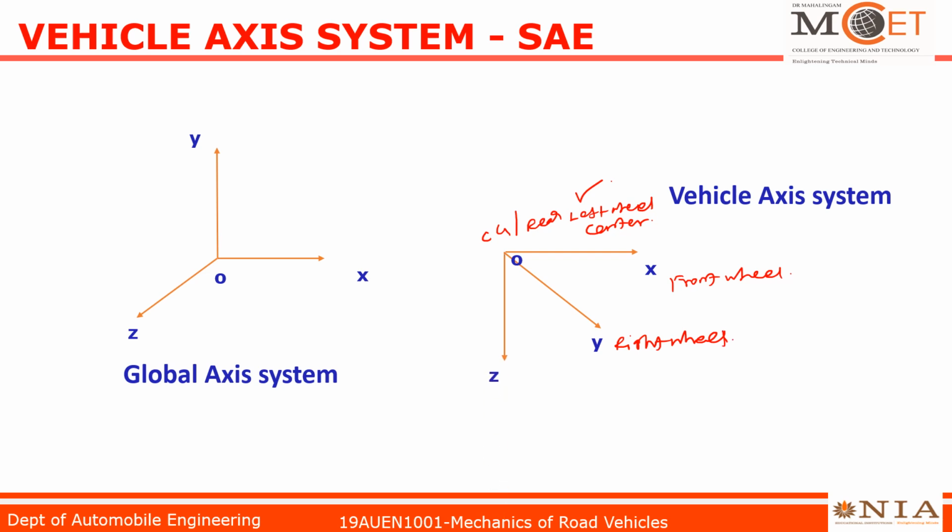Towards the downward direction, we mark it as positive Z. I take it as downward. Rear wheel to front wheel, positive X. Left to right wheel, positive Y. Up to down, positive Z. The X direction we call the longitudinal direction.